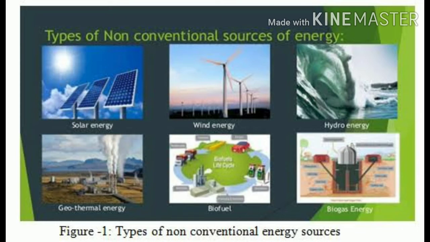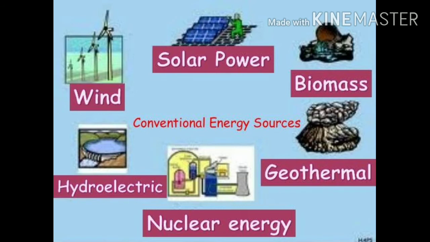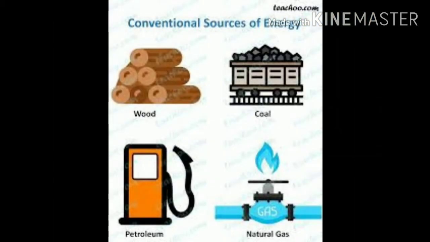But there is one important energy, nuclear energy, that has been part of debates for a long time, and most people still classify it under non-conventional resources. However, nowadays it has become a commonly used energy. The conventional resources have been in common use for a long time, for example firewood and fuelwood.